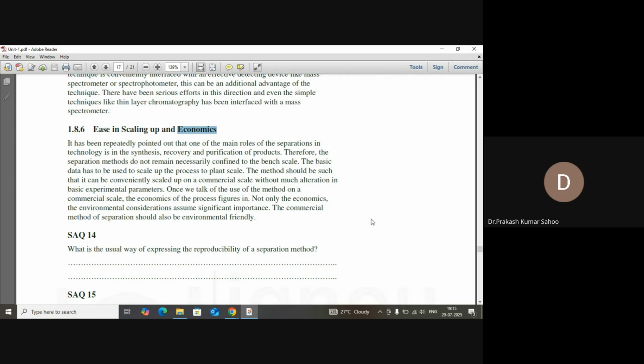So whenever you choose a separation method, it must be economic in that sense. That means the price of the component you have collected must be greater than the cost of the technique you have adopted. That is known as the economic point of view.